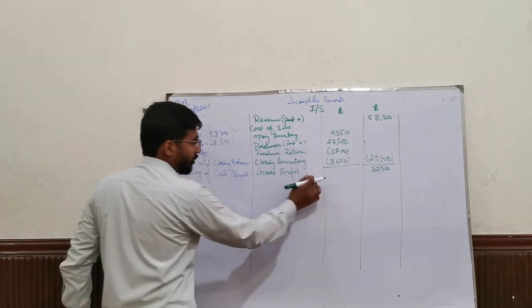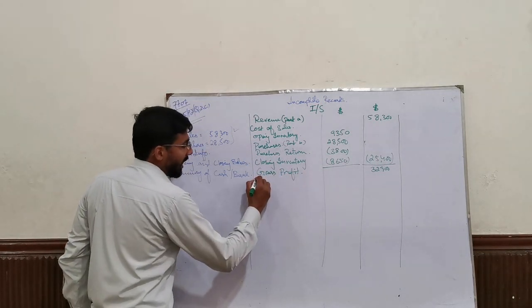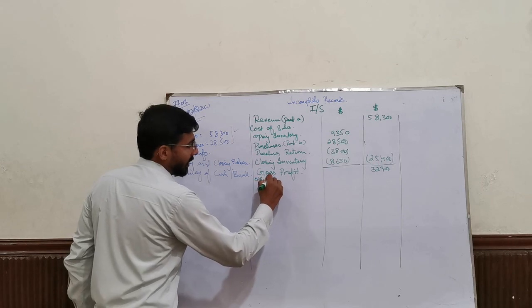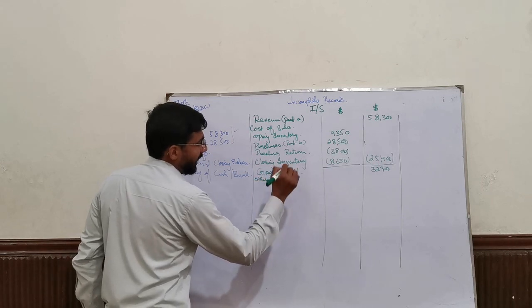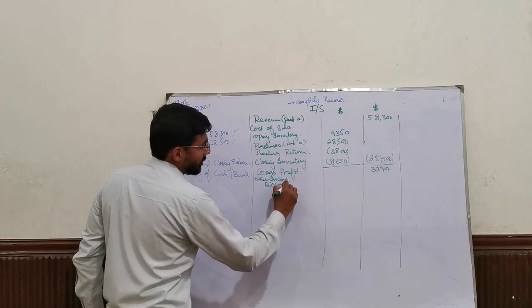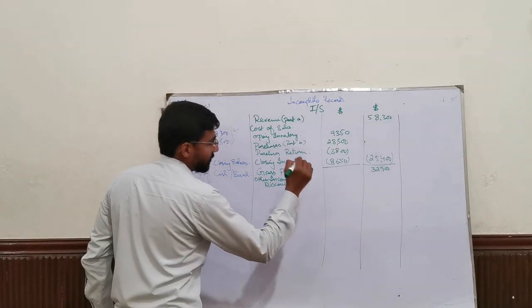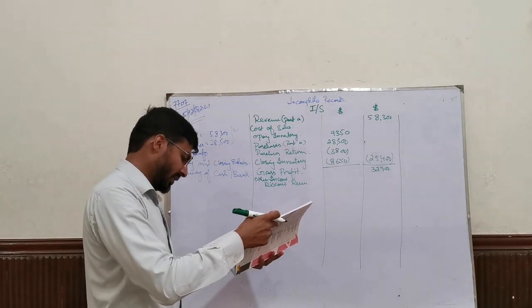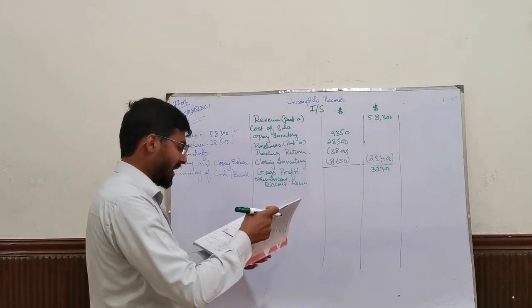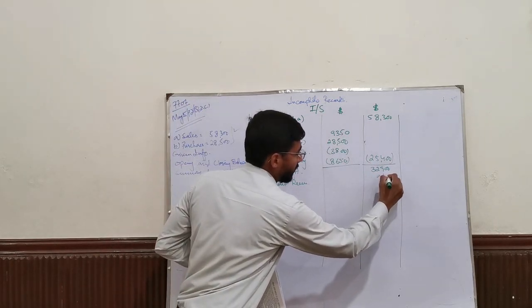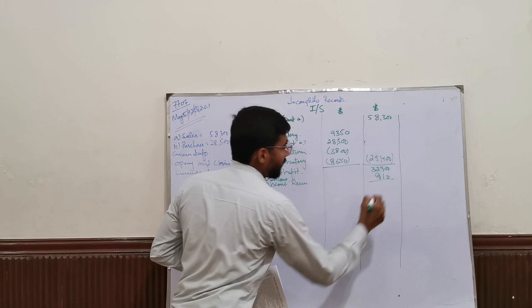After gross profit, we have other incomes. In other incomes, I have discount received, which is 910.